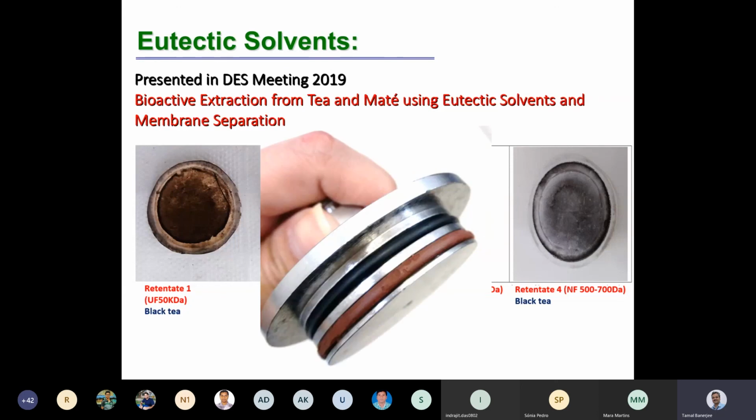But just to remember, we have to test some types of plastics in the presence of eutectic solvents, because some types don't support them and can be kind of corrosive to the plastics, disintegrating them.